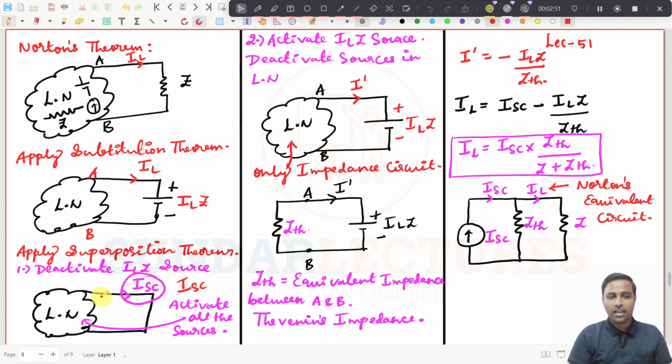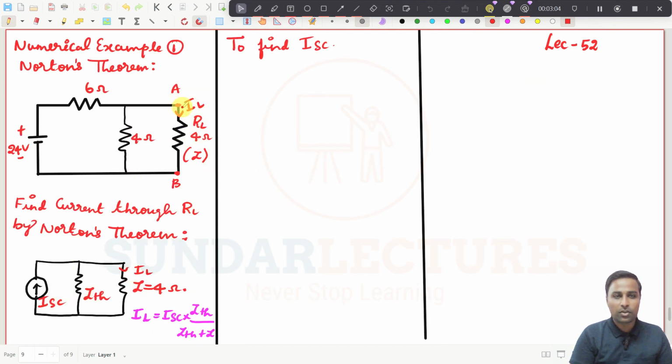To find ISC, this linear network has to be kept as it is, and you need to short circuit the load resistor. That is what we have done here. So if you do that, what will you have? This will be the 24 volt source, and a resistor, and, sorry, I made a mistake, there will be another resistor, and this will be connected like this.